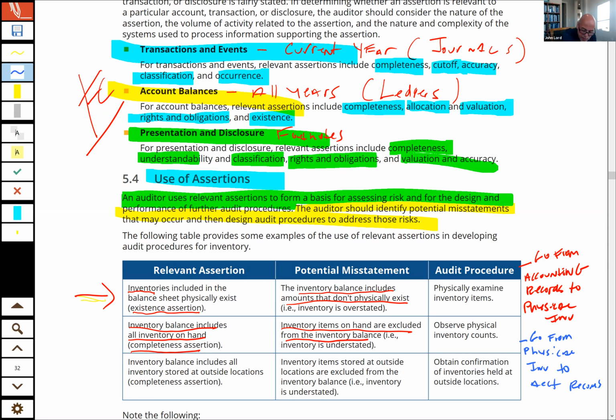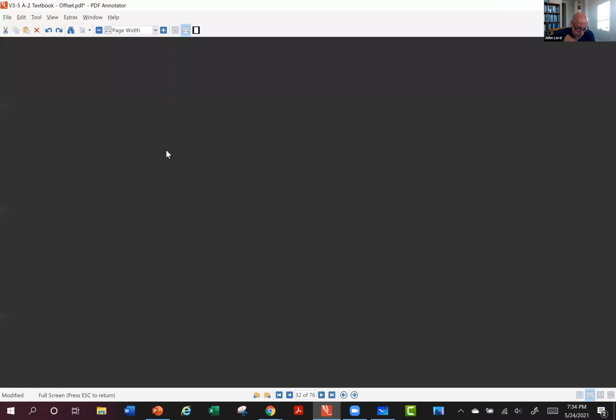Okay, so we design our procedures around the assertion. Now this table is somewhat less sophisticated than the whole thought process that I need you to start to understand now while we're talking about assertions.